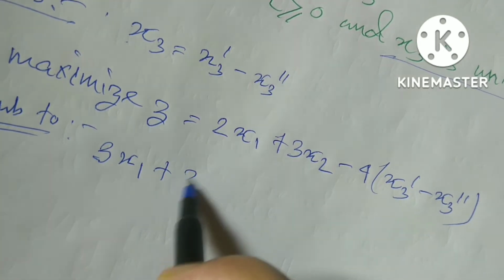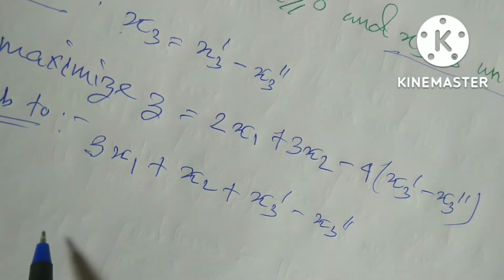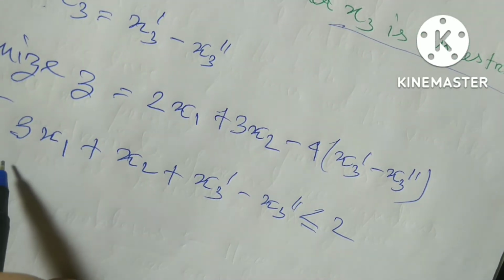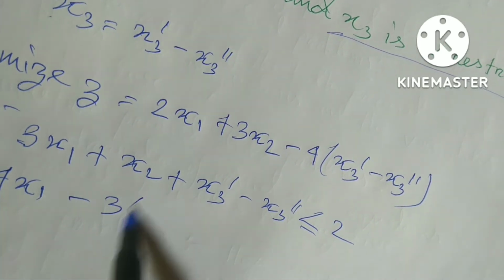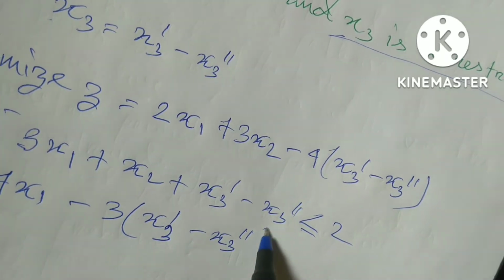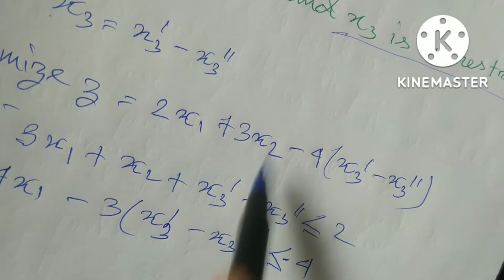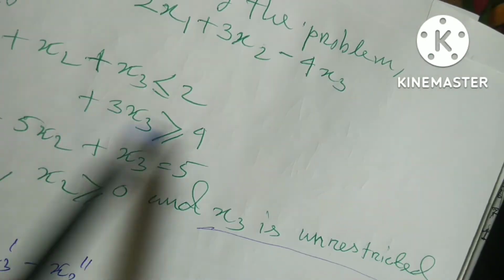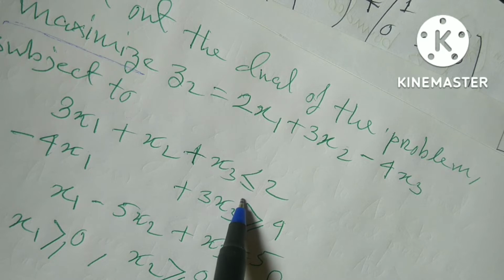3x1 + x2 + x3' - x3'' ≤ 2, and 4x1 - 3(x3' - x3'') ≤ 4, because I need the greater than or equals to, but I have to do less than or equals to, as the problem is maximize. In case of maximization, the problem should be this way.